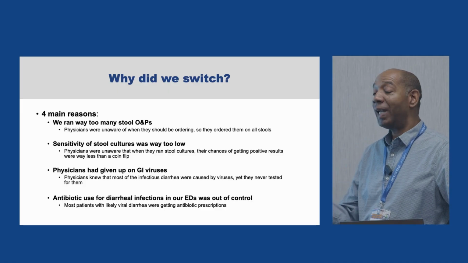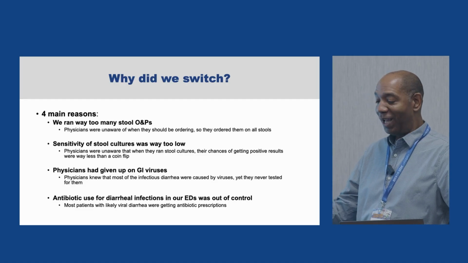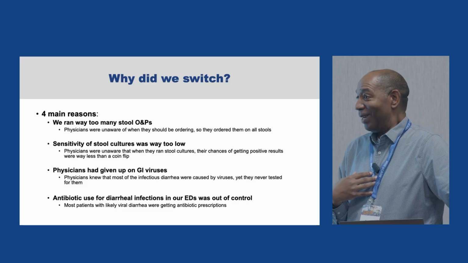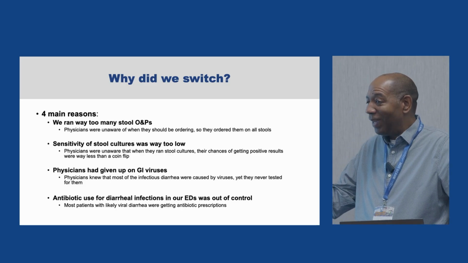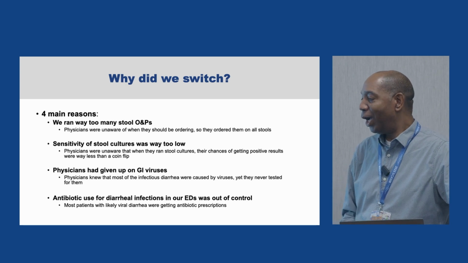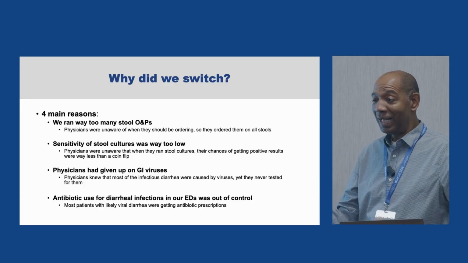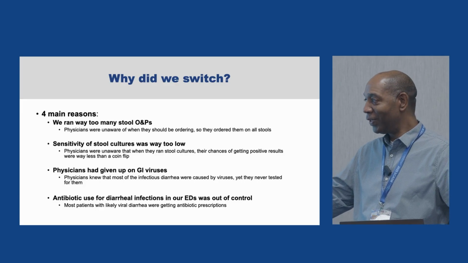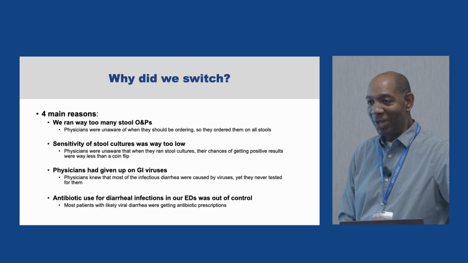So, if you had asked me when I was an ID fellow what the sensitivity rate of a stool culture is, I don't know what I would have said. My guess is I probably would have said 15%. But I ask ID fellows and CLS students, what's the sensitivity rate of stool cultures? And the numbers that I get are shocking.